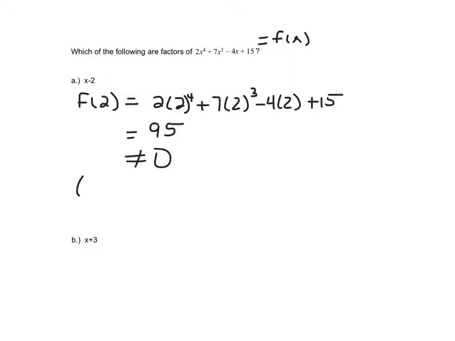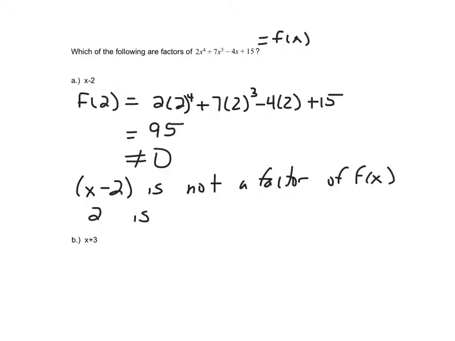So what that's going to tell us is x minus 2 is not a factor of f of x. And the same way you could say 2 is not a 0 of f of x. So these are basically saying the same thing. Not a factor, and 2 is not a real 0.